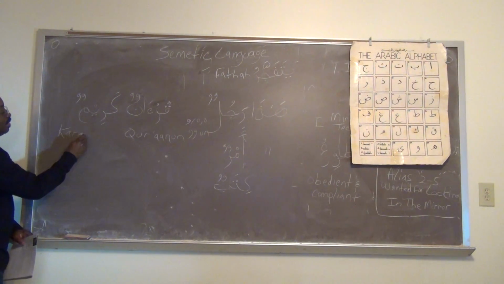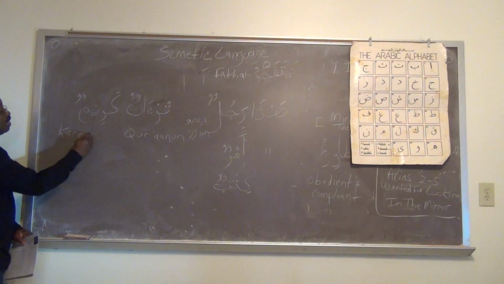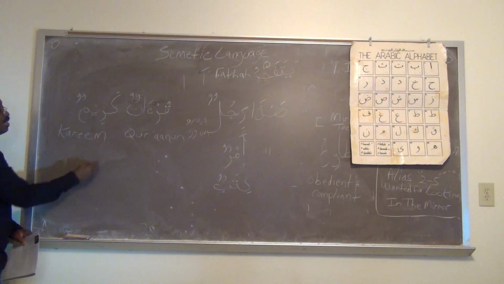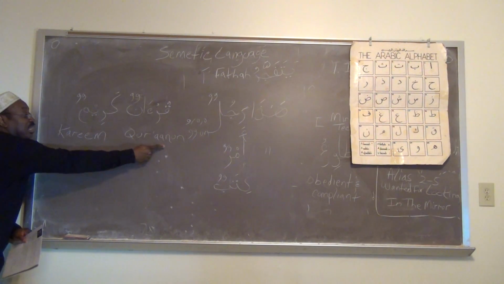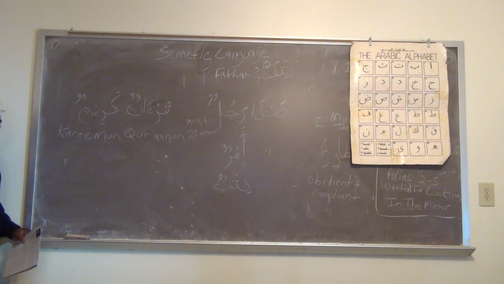Then we go to elongate, right? And then we have this. So we read from right to left, so we got what? Right? Now say it.